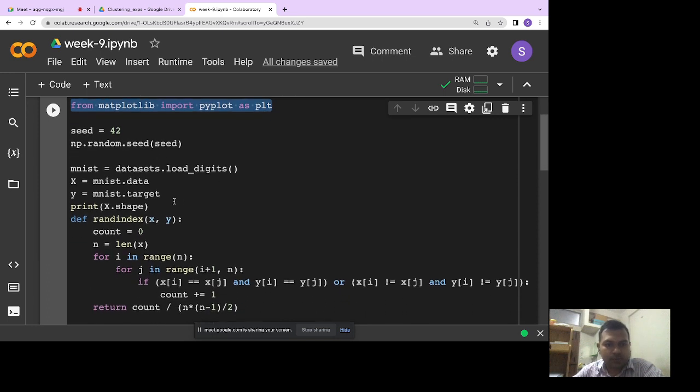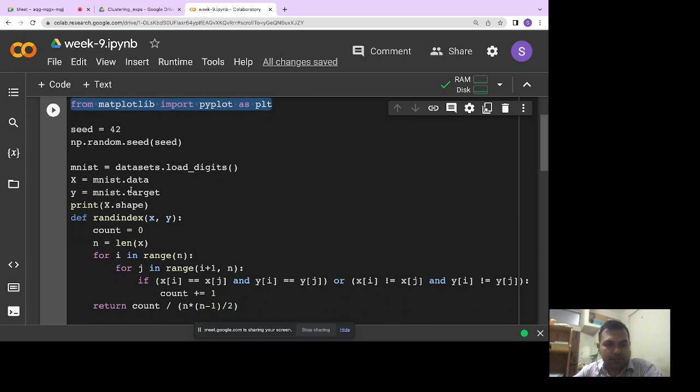Coming to the seed of 42, you have seen that k-means is very sensitive to the starting point, and the starting point is a random variable, which depends on the seed that you set.